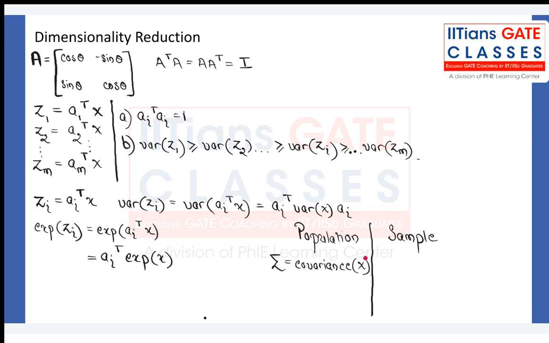Or you might say, I don't know the covariance, I know the sample variance, small s. For mu, it is nothing but the expected value of X. If you know the population, it will be mu. Or you may call it X bar if you do not know the mu. So sample mean is called X bar, the expected value of X.